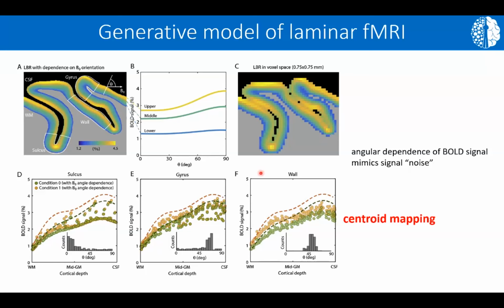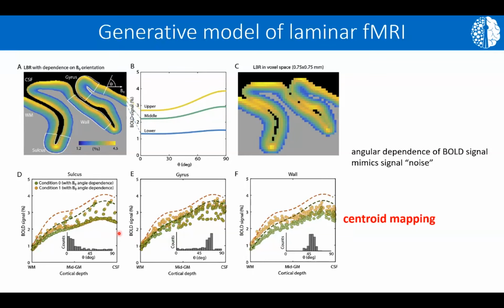So this is, I think, an important effect which has not been taken into account in the analysis so far. So you see, for example, if we add the angular dependence, we get very strong activation in the sulcus. This can obviously not be generalized because in some parts of the cortex, it might be the gyrus which is more activated. And then if you voxelize it, then again, it looks a little bit different.